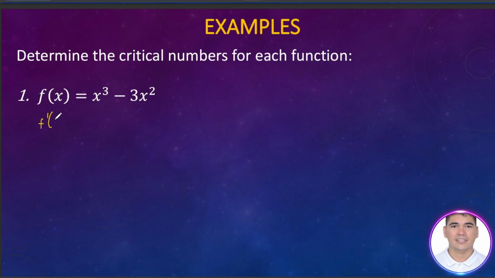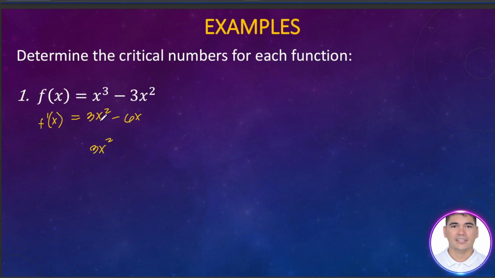So we know that the derivative of this one is equal to 3x squared minus 6x, right? Applying the previous lesson. Okay. Tapos, kung meron na tayo nito, equate natin equals to 0. This is the default one.